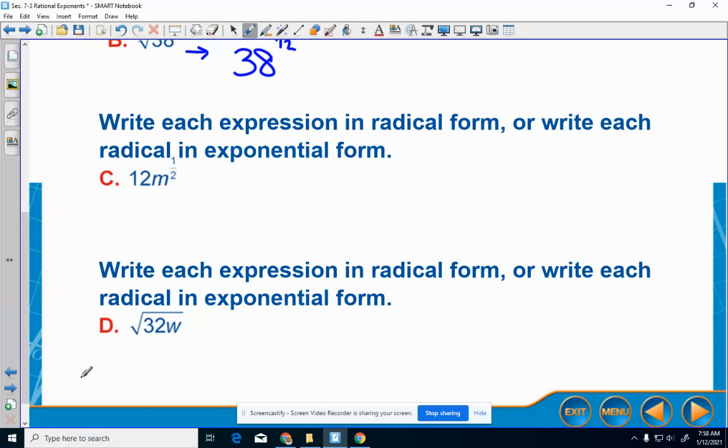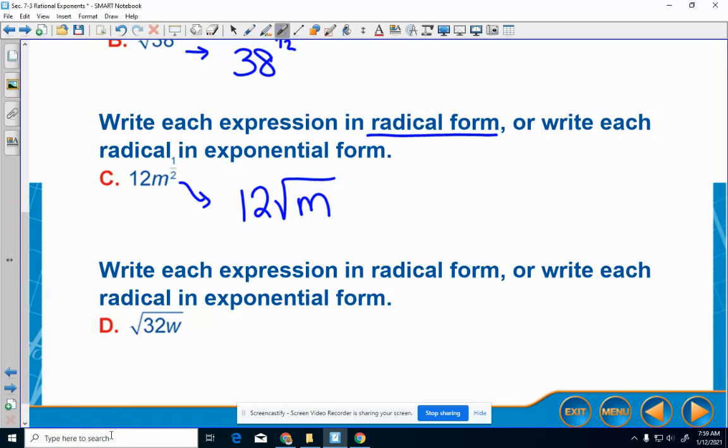So if I was going to write this expression in radical form, I'm going to have a 12 times the radical of m. Because the numerator is a 1, I can put it there if I want to. Because the denominator is a 2, I could put the root there if I wanted to.